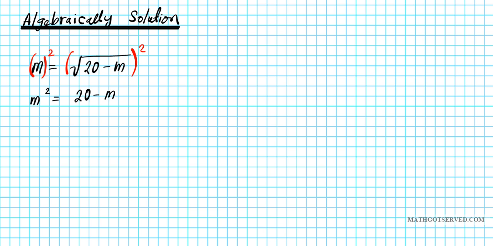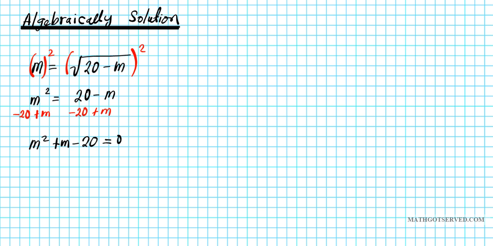To put it in standard form just involves setting it equal to 0 with the terms in descending order of degrees. So I'm going to subtract 20 from both sides and add m to both sides. That will cause the right side to be equal to 0. So we have m squared plus m minus 20 equals 0. Notice I wrote it in standard form.